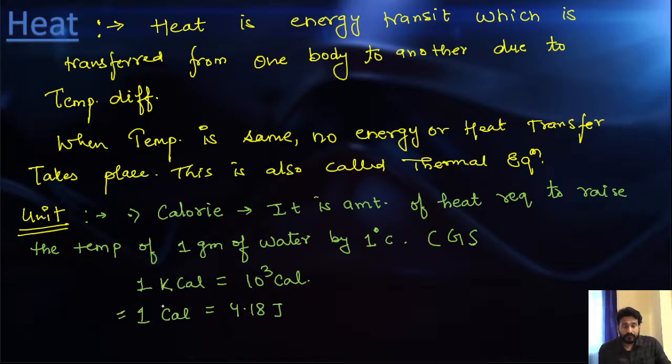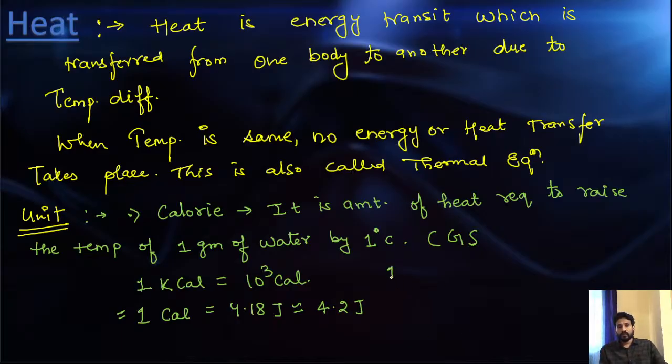This is an important value which will be useful in questions, right? Or roughly we can say it is 4.2 joule. If nothing is given in the question, then you can take 4.2, or if 4.18 is already given, then you can take 4.18 joule, right?